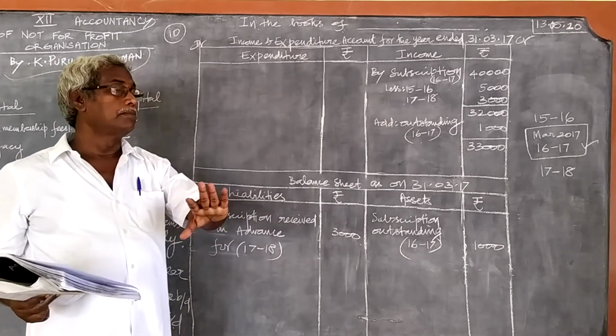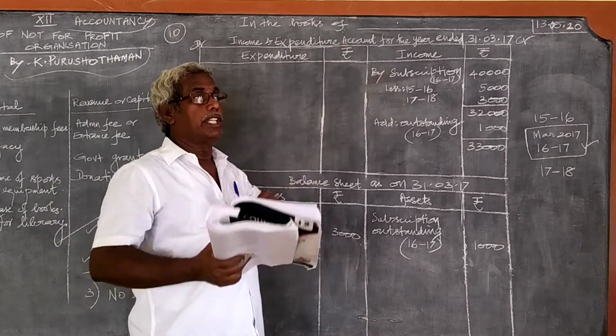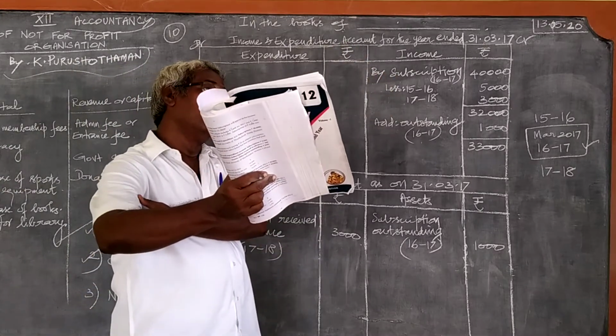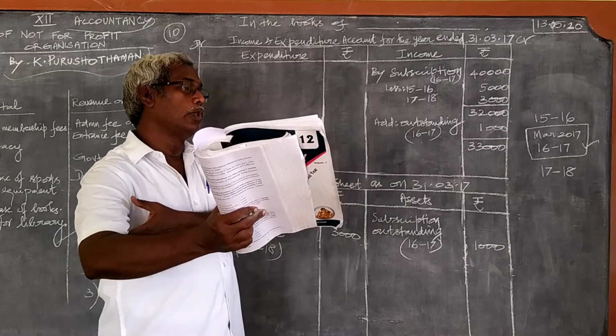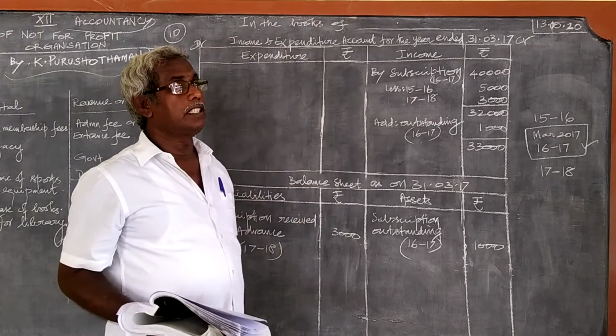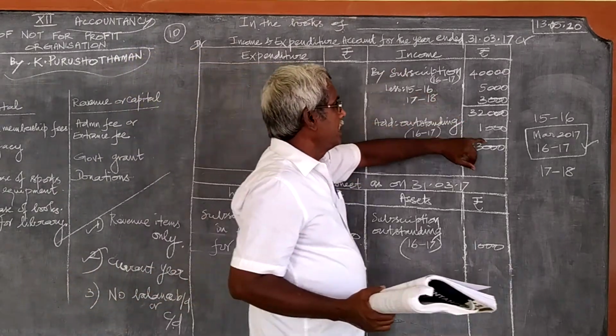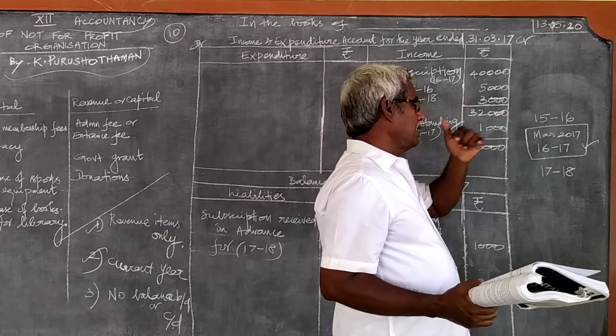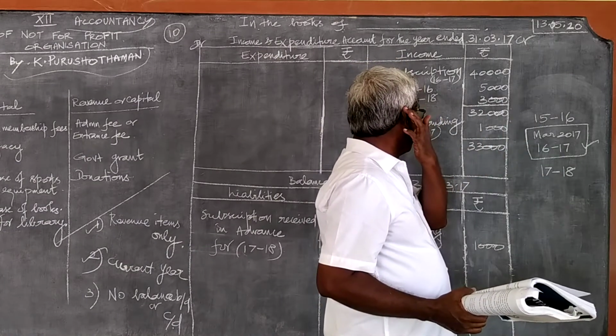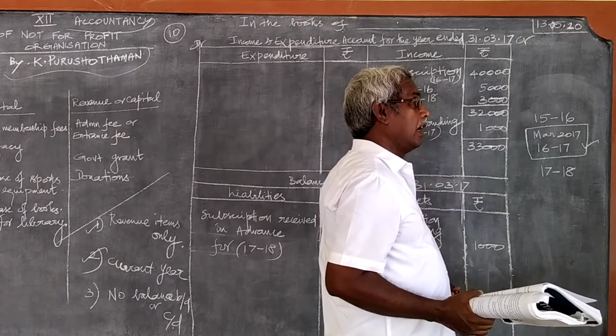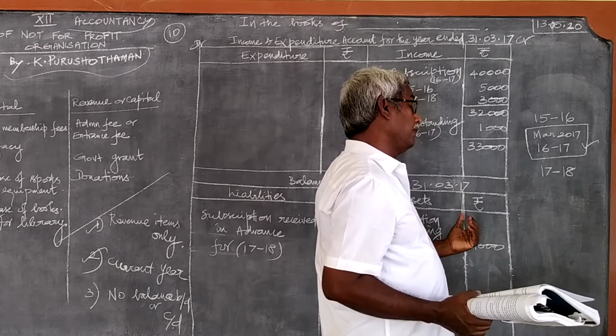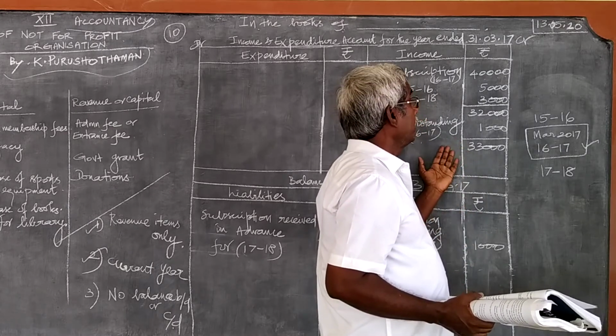Subscription is an income, so that should be shown on the income side. What rule should we have in mind? Whether the subscription for this year 16-17 is received or not. If it is received or outstanding, we should show it.